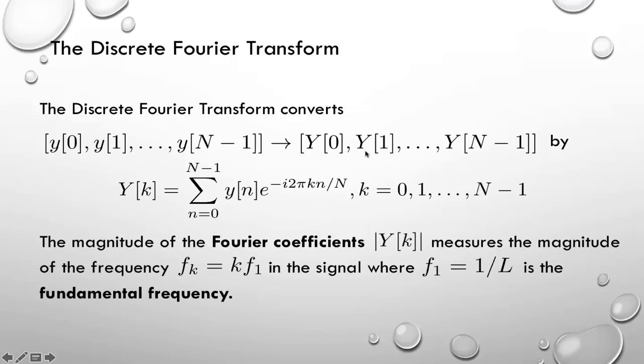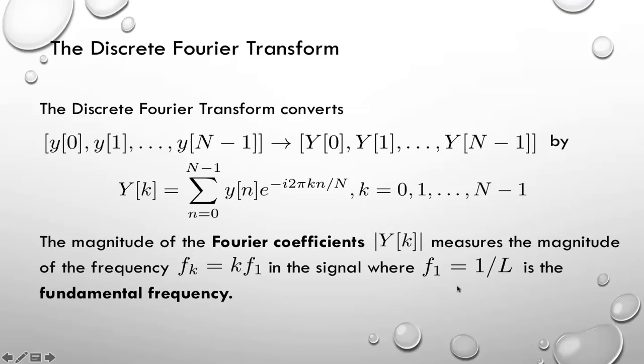And so why is this useful? Well, it turns out that if we take the k-th complex coefficient and take its magnitude, so it's just the square root of a squared plus b squared, the magnitude of the complex number, it measures how much of a certain frequency, fk, is present in the signal. And so these frequencies turn out to be just integer multiples of something called the fundamental frequency.